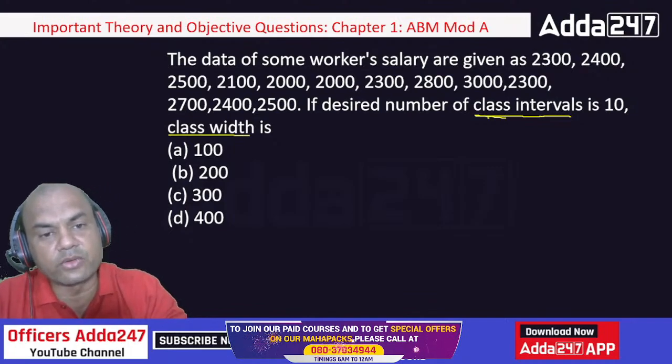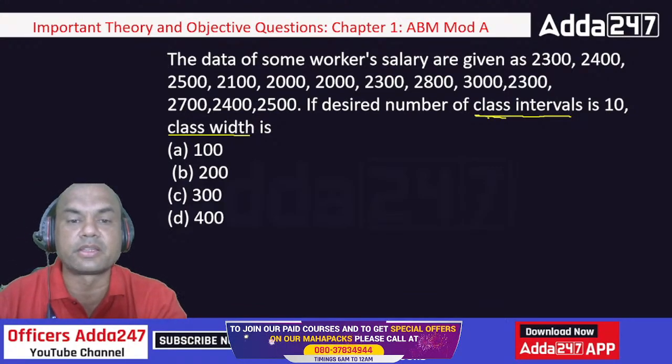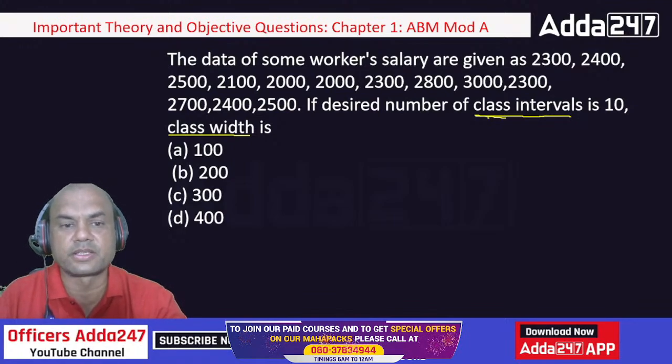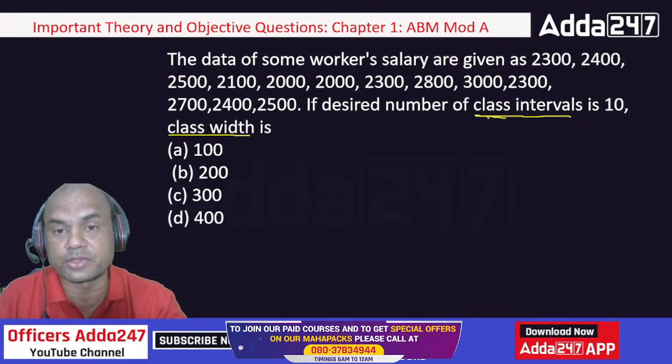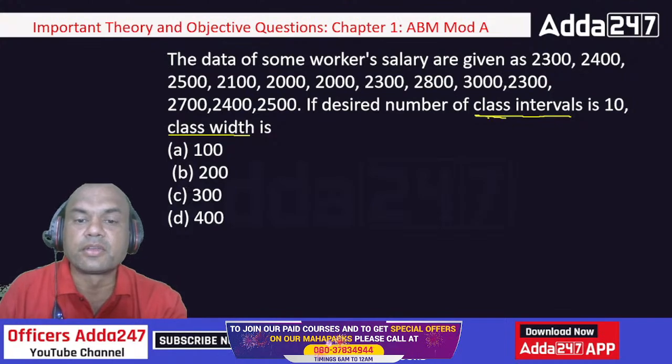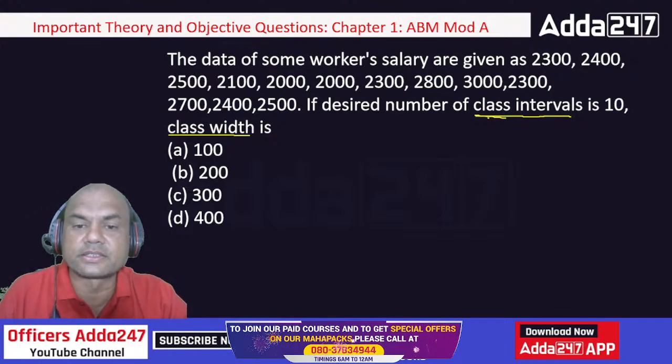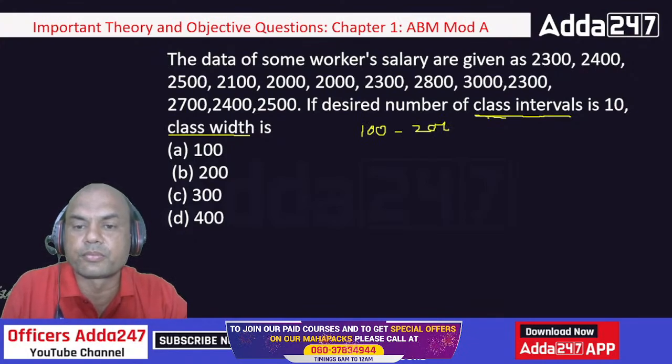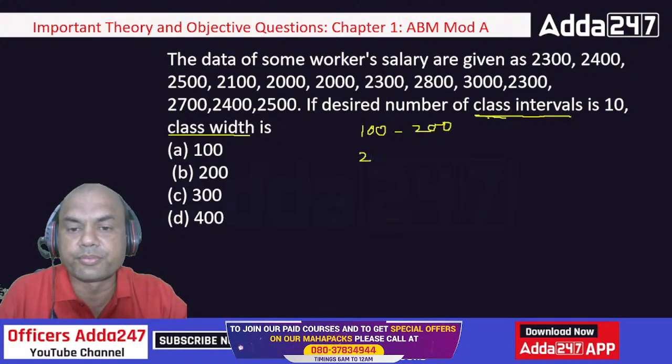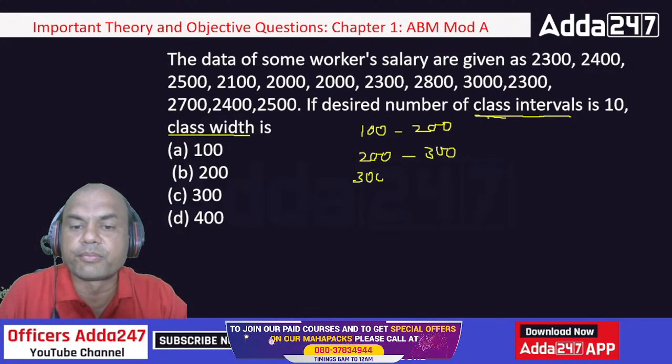Now, firstly, you need to understand what do you mean by class width. What is the class width? You need to understand that first. See here, whenever I write it like this, let's say 100 to 200, 200 to 300, right? 300 to 400.